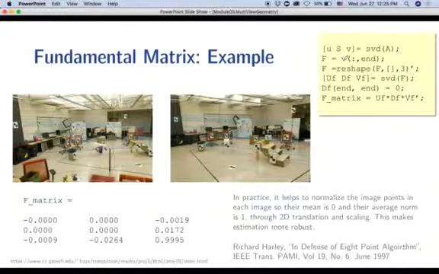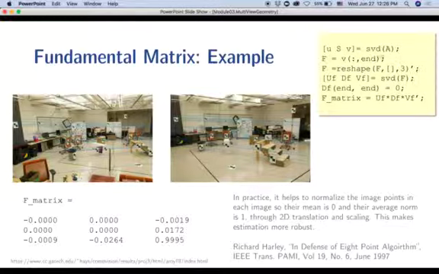So F is really the last column of V. Okay, so end is an identifier in MATLAB that you can use to get the last of that dimension. Because singular values are sorted, the smallest singular value is the last one, so I'm picking the last column of V as F, and then I'm reshaping it. MATLAB has a reshape function, you don't have to worry about that. I'm reshaping it into a 3x3 matrix.